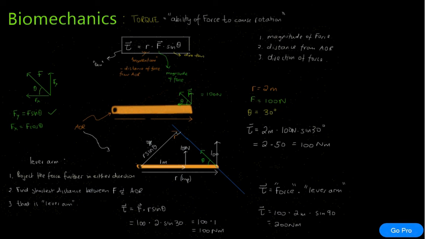When something tends to rotate clockwise, it is ascribed a negative value, and when something tends to rotate anti-clockwise, it is ascribed a positive value. So when I do these calculations and torque ends up negative, the object must be rotating clockwise. If I end up with a positive value, it must be rotating anti-clockwise.